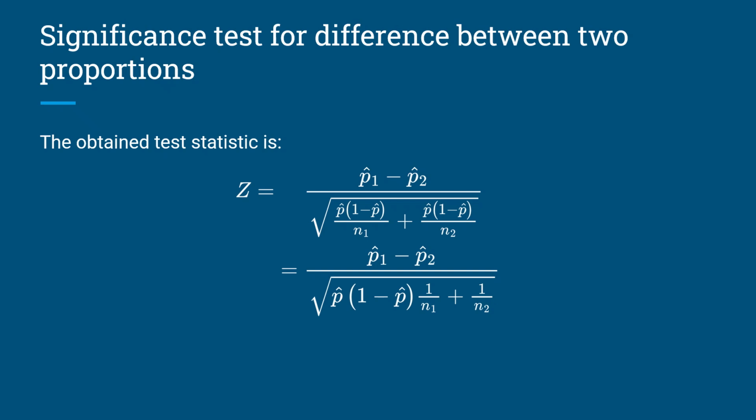And those products are divided by the sample size for each group. And so that's giving you a sense of how much each group contributes to the overall variance in the pooled sample proportion. When we take the square root of that value and divide it into the observed difference between group 1 and group 2, we get our test statistic, our value of z.